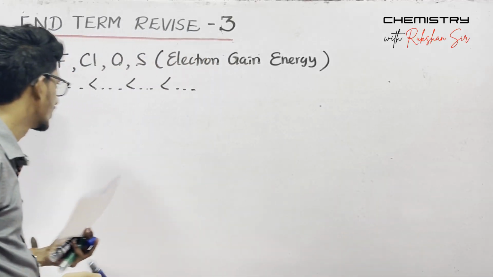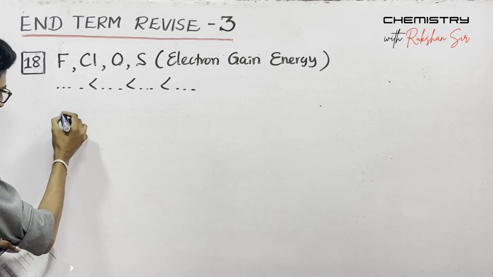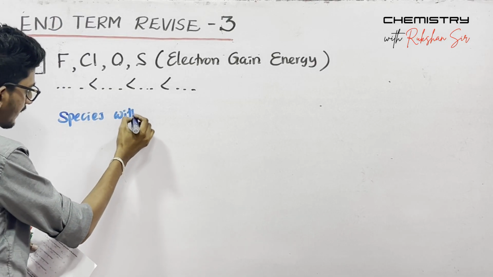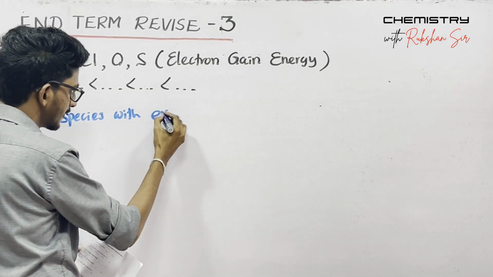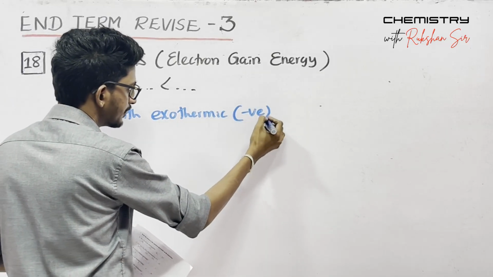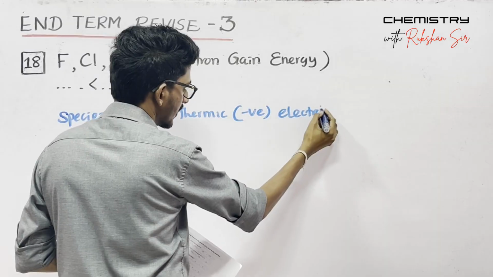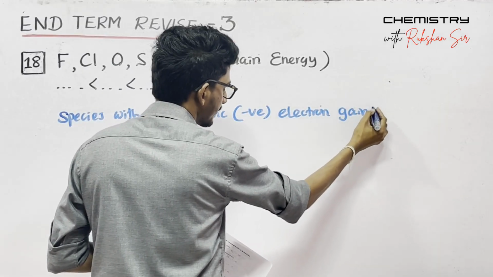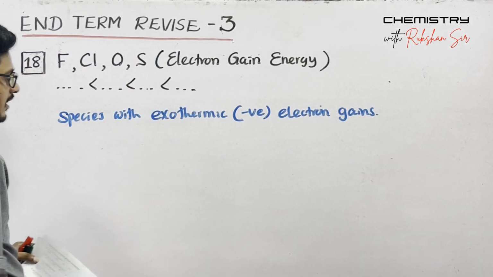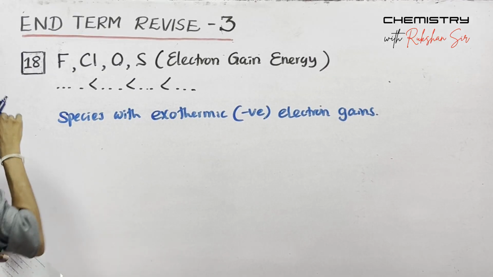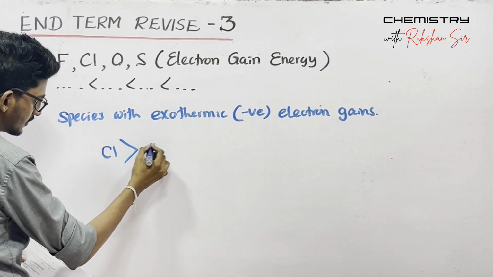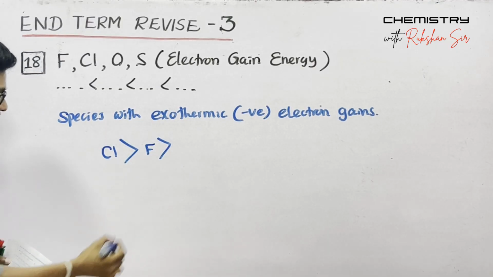When it comes to species with exothermic, negative electron gains, you should know the group 17s are the ones with the greatest first electron gains. Chlorine is the one with the greatest value.